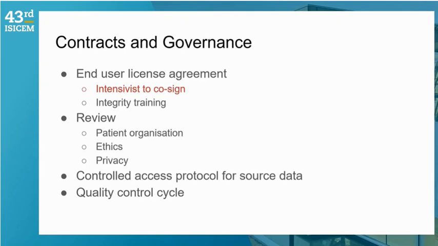And we think that is a very good idea, because then you also start to promote that intensivists and data scientists are going to talk together. Also, just like MIMIC, you need a proof of data integrity training, and all this has been reviewed by patient organizations, ethics persons, privacy committees. And of course, there's a controlled access protocol and a quality control cycle.